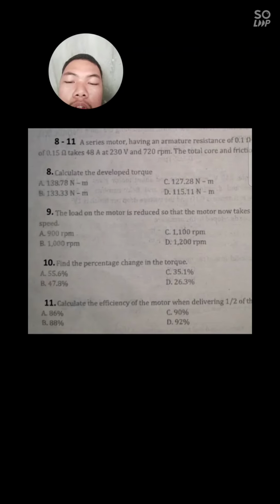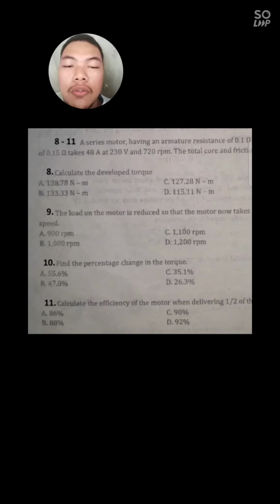So the total core and friction losses are 650 watts. So find the percentage change in the torque.